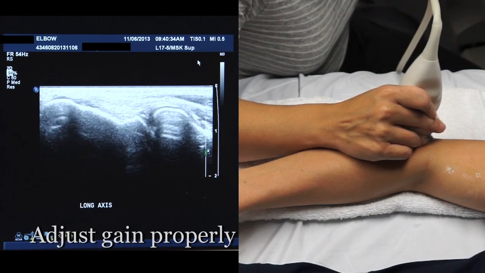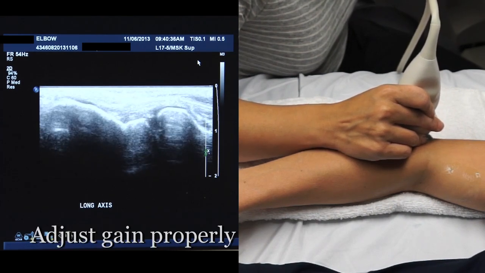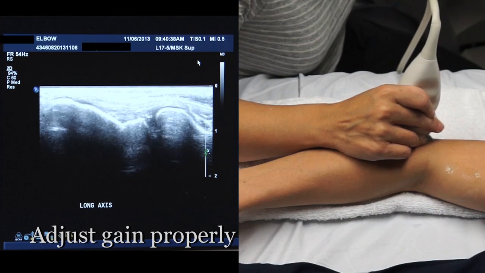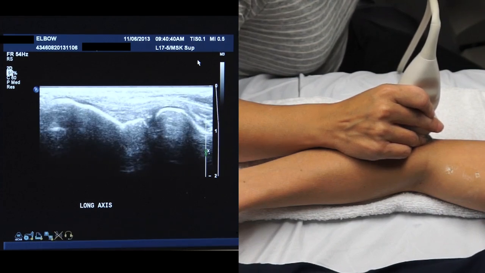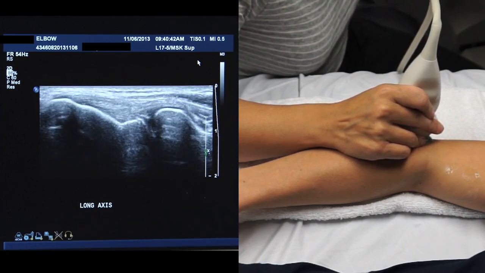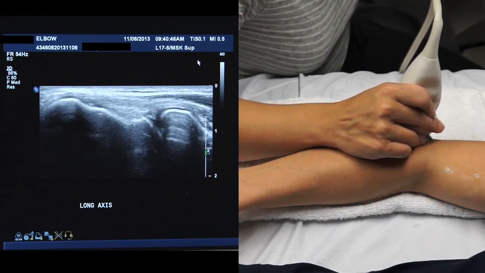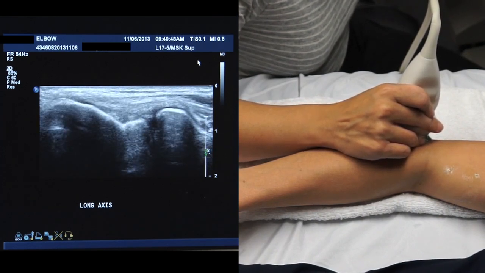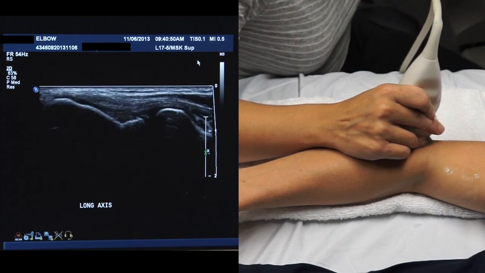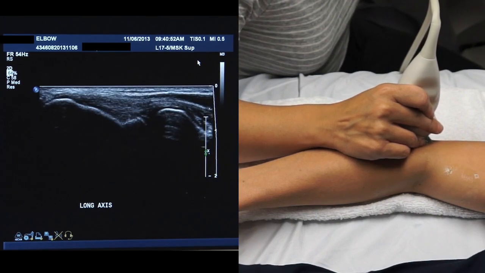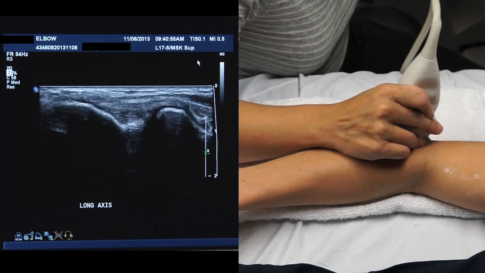As you can see, when there's too much gain, you lose delineation of the structures being imaged and you lose definition. So you want to turn down the gain. Most machines come with a button that will optimize the gain and other settings for you, and then you can fine-tune it to your liking.